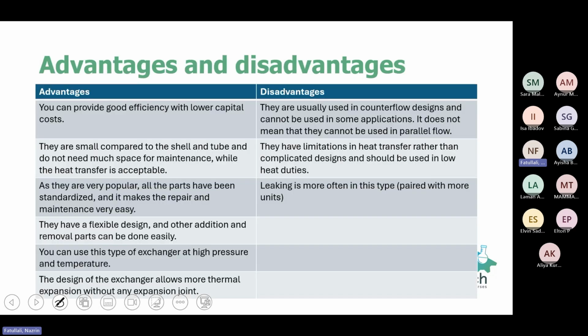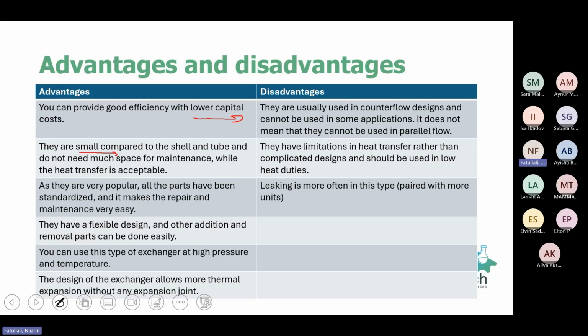And coming to advantages and disadvantages, the advantage of the double pipe heat exchanger is that it is simple. As it's simple, it has lower capital cost and is easy to maintain. It can also handle high pressure and high temperature, and it is small compared to shell and tube.